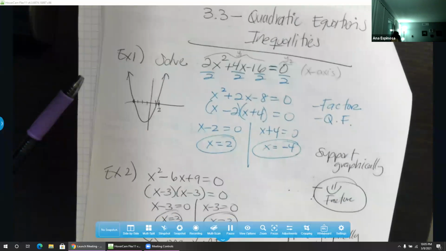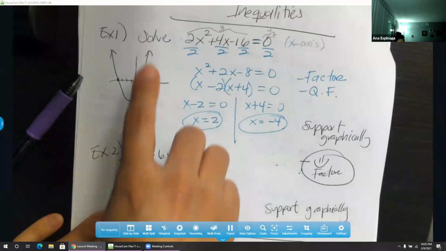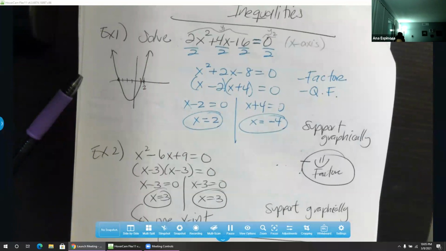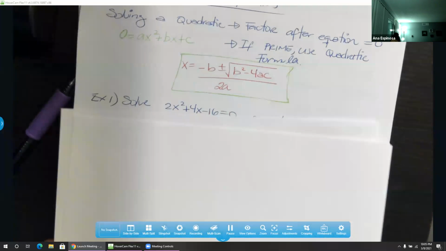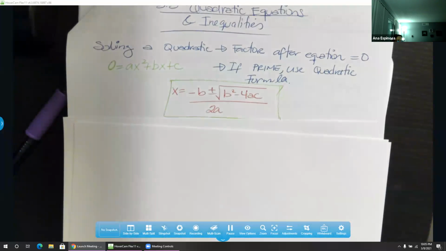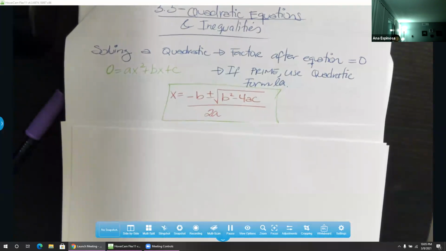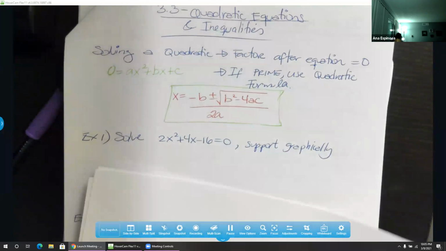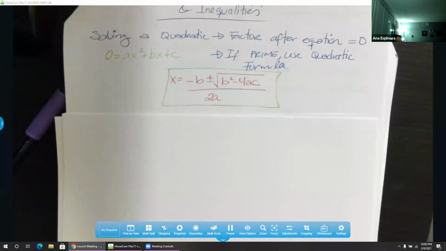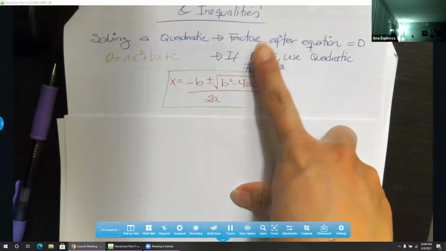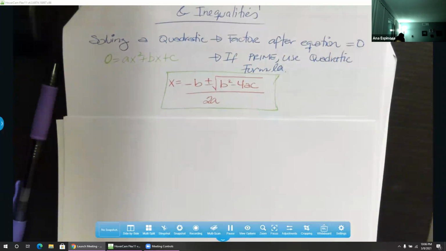All right, so if I ask you to solve some kind of equation like this, first of all, before we begin, you need to know the quadratic formula, okay? What you always want to attempt is factoring the equation. Set it equal to 0 and factor.